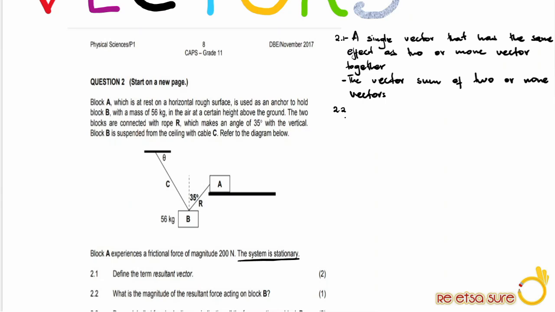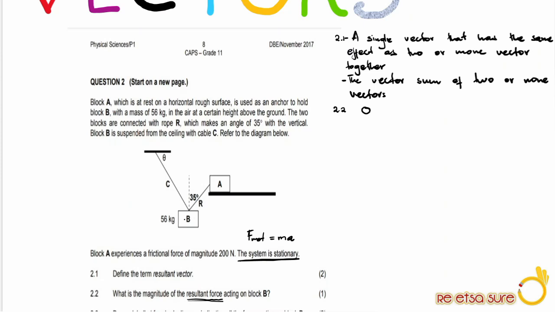That simply tells us that the F resultant on block B must be 0, because remember that our system also is stationary. If I go back to Newton's second law equation, F net is equal to ma, we are required to determine the F net on B.